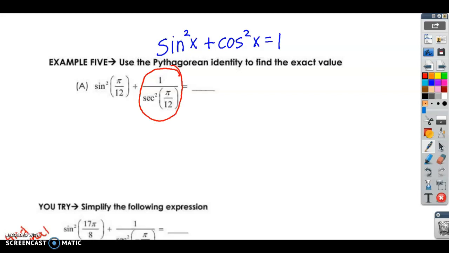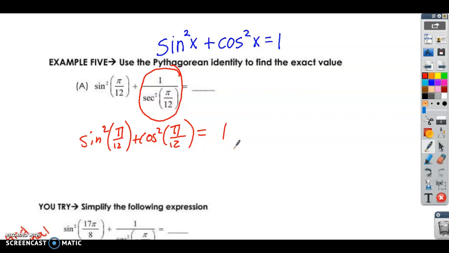So I'm going to go ahead and rewrite that as cosine squared of the same angle. Well, now I've got sine squared of pi over 12 plus the cosine squared of pi over 12, so that equals 1. Done.